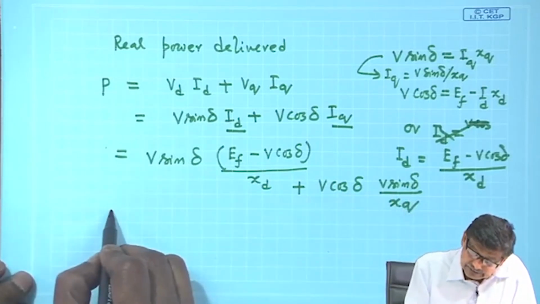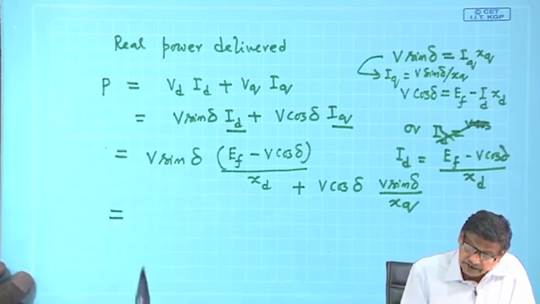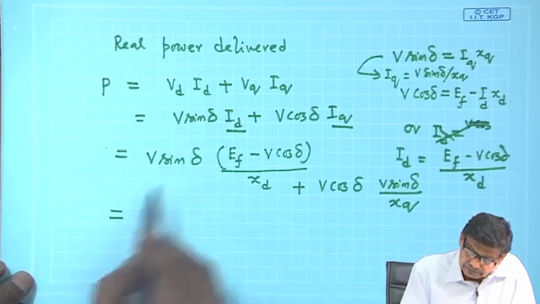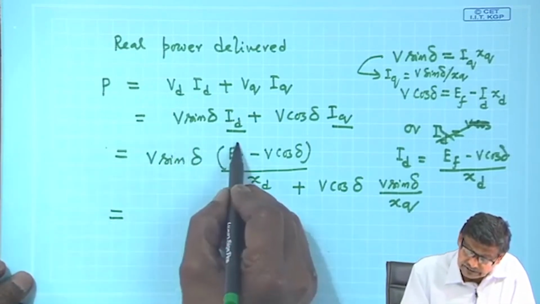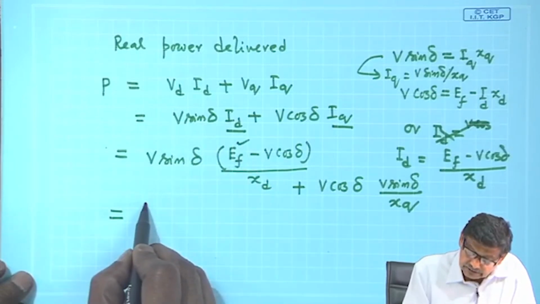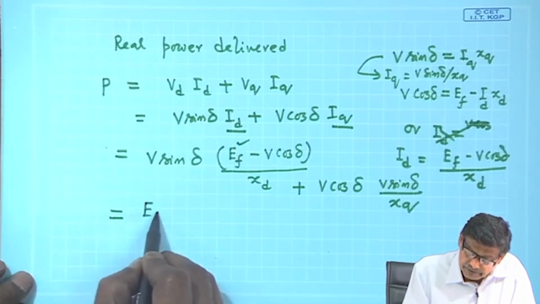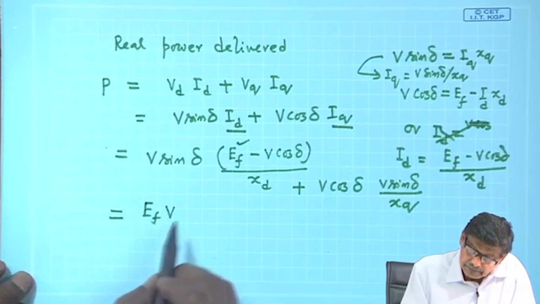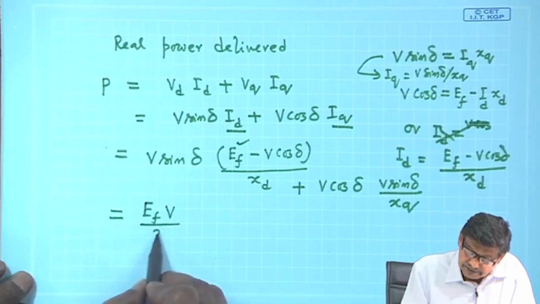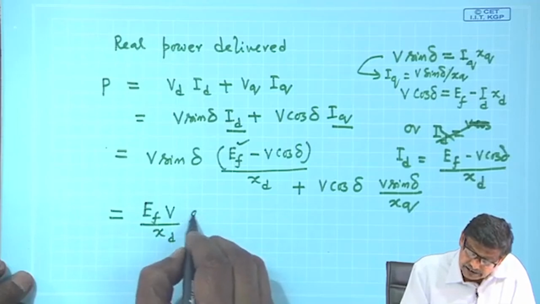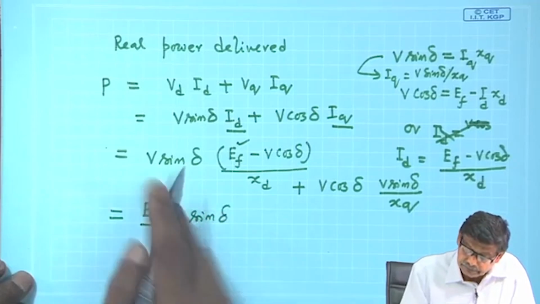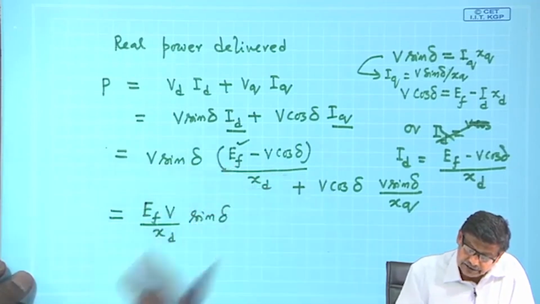Now, if you simplify this, you will get the first term, that is EF V by XD into sin delta. Put it inside, you will get this.